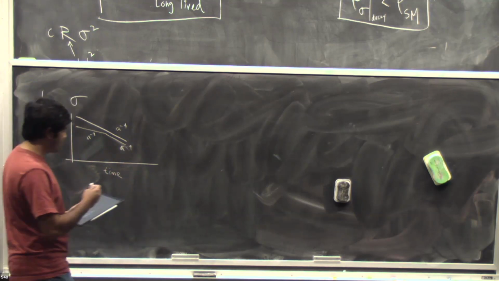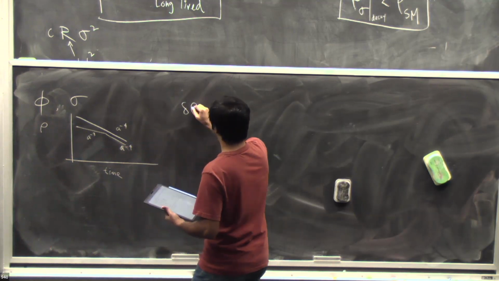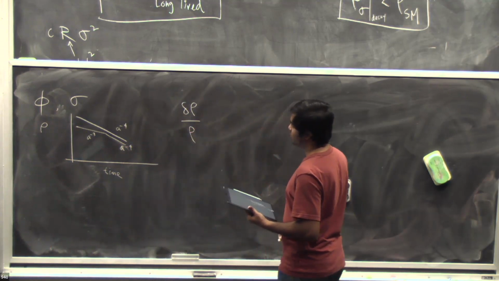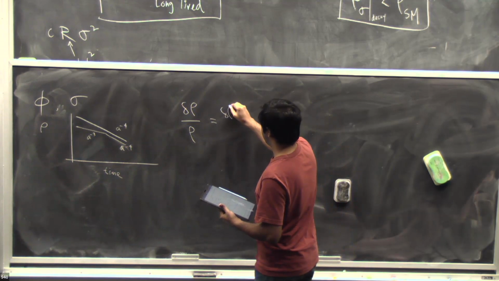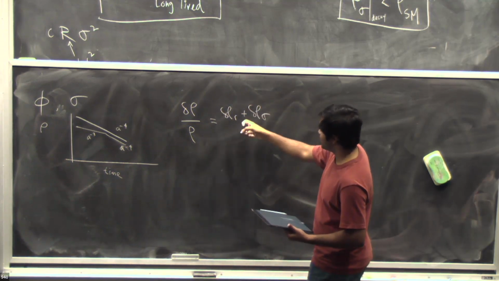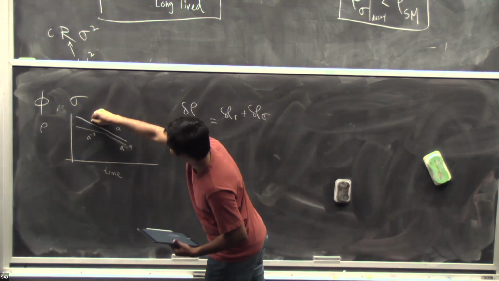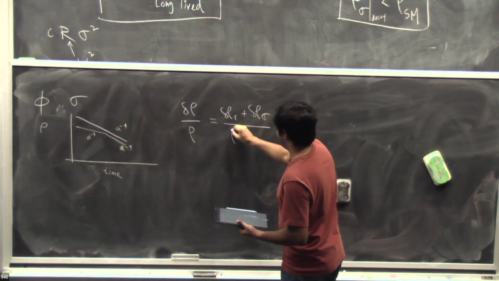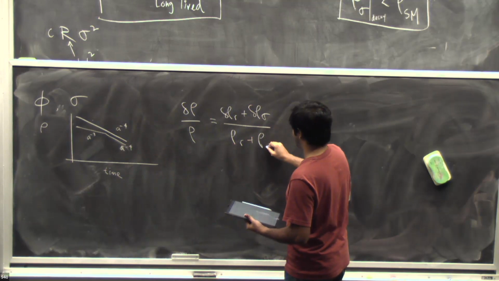So with this in mind, if you just write down what is the delta rho over rho, you can do it in a very simple way. You can say you have two parts, radiation and sigma, radiation coming from the inflaton, and then here's the total thing.